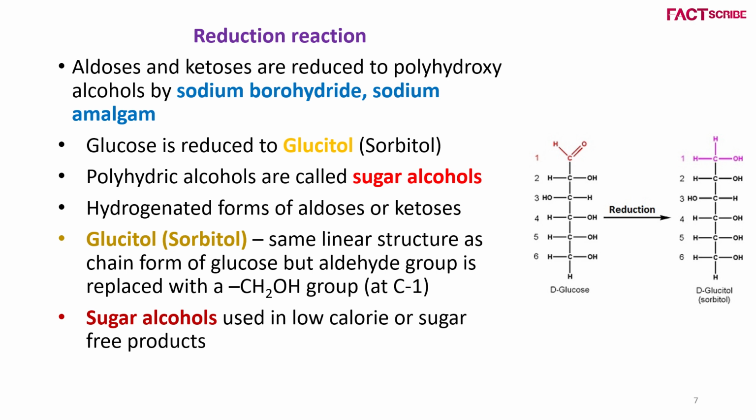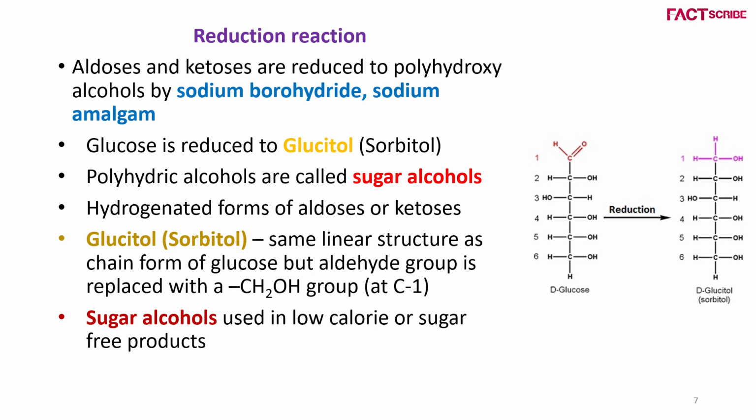The next is reduction reaction. These aldehyde and ketone groups are reduced to polyhydroxy alcohol in the presence of sodium borohydride and sodium amalgam, and glucose is readily reduced to glucitol, that is also known as sorbitol. And these sugar alcohols are also called polyhydroxy alcohols as they are hydrogenated forms of aldoses or ketoses.